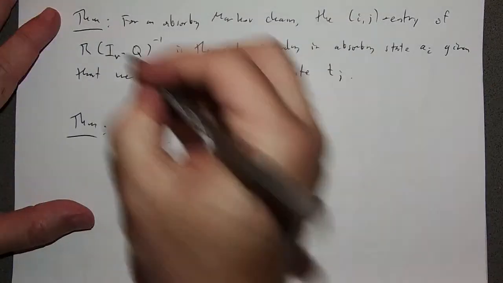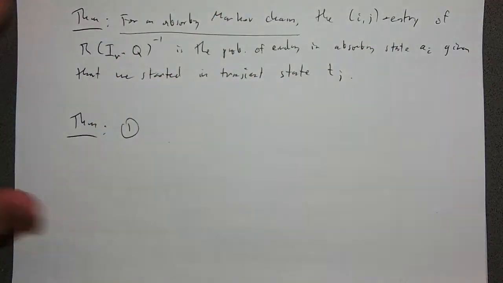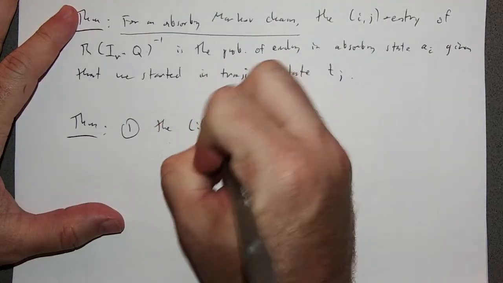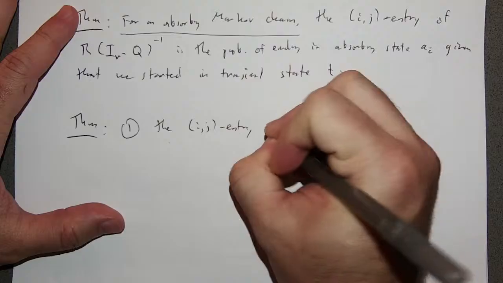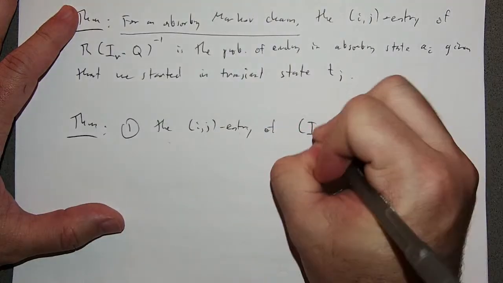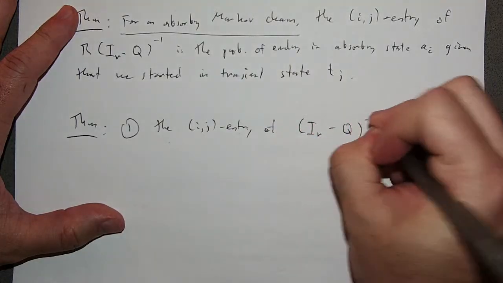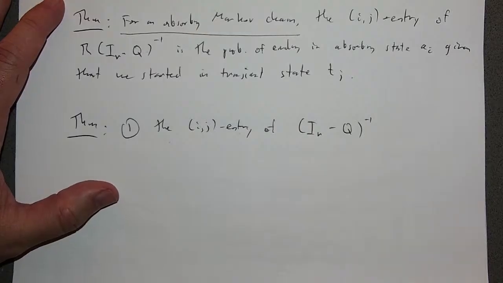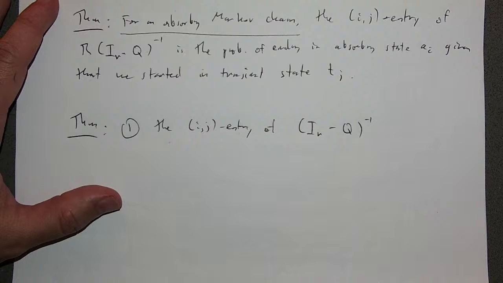Under the same assumptions, I'm not going to rewrite it. For an absorbing Markov chain, we have the following. The ij entry of (I minus Q) inverse contains the expected number of visits to transient state t sub i, given that we started in transient state t sub j.